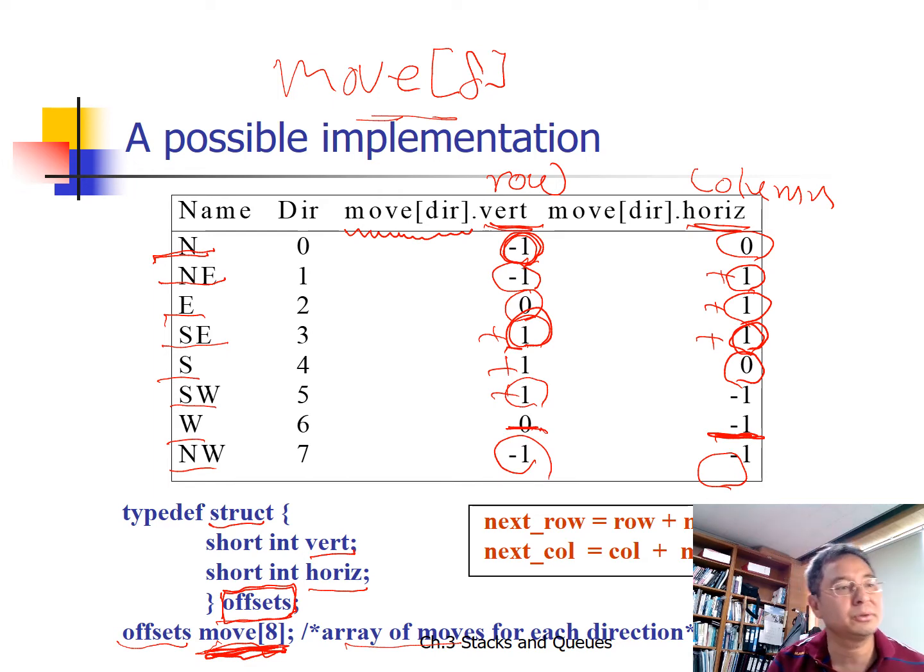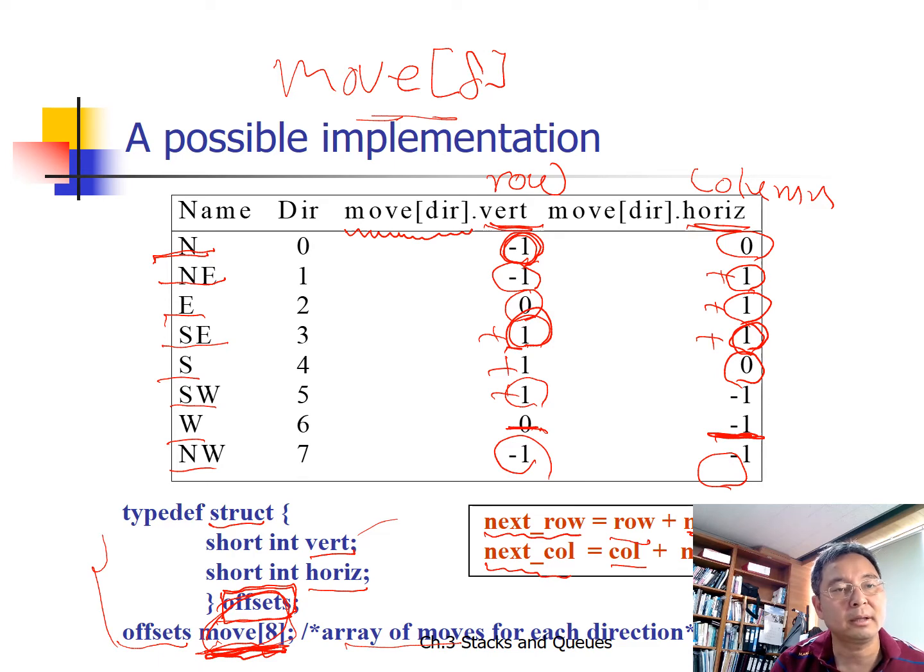So we introduced the move array defined as this, and we can calculate the next row and the next column as the current row and column positions plus the move values of this array.